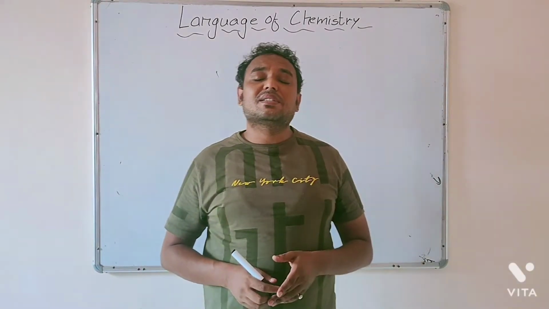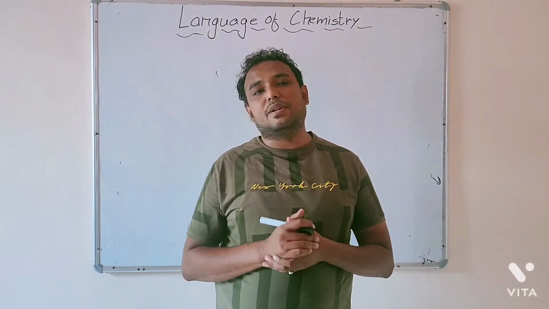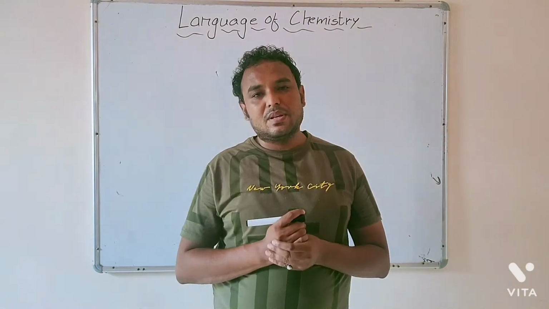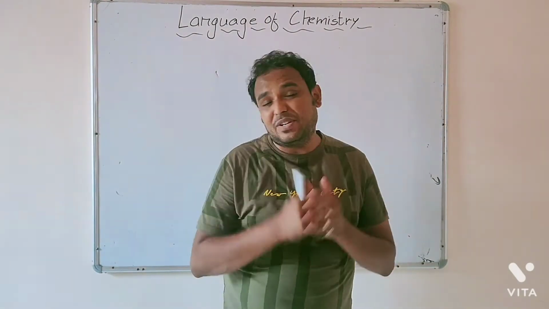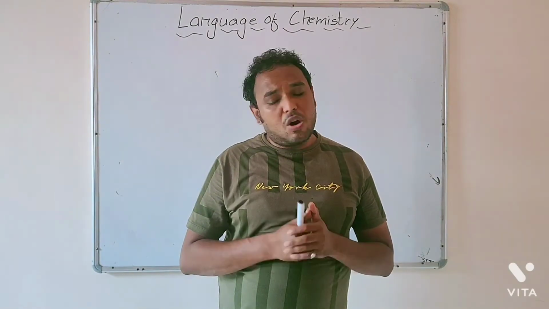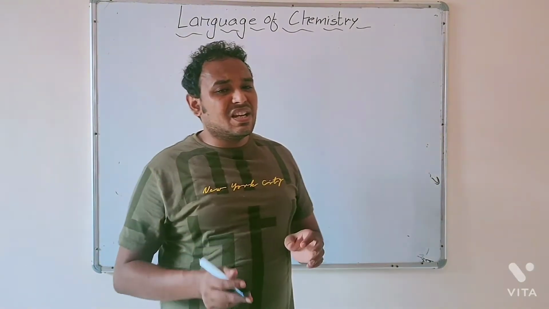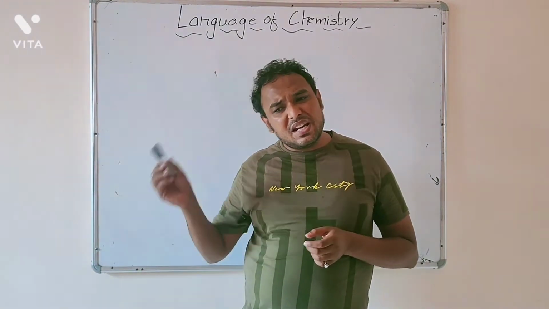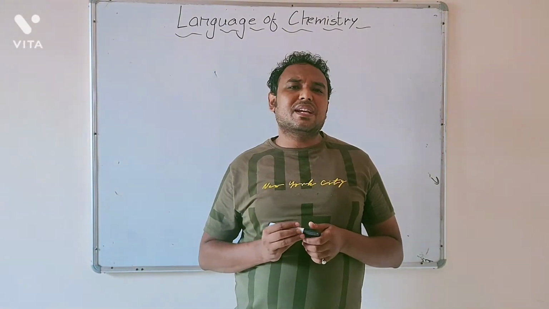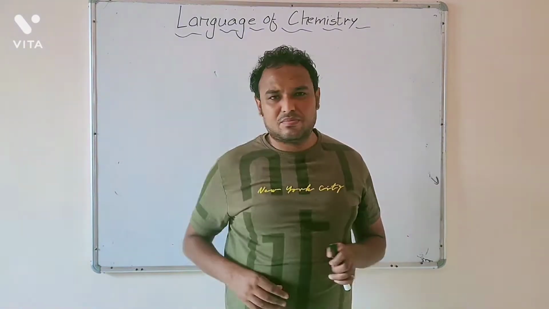Children, in previous classes we have learned about elements. What are elements? Substances which are made up of the same kind of atom are called elements. Altogether, there are 118 elements known to us, and each of the 118 elements is represented by a short form.